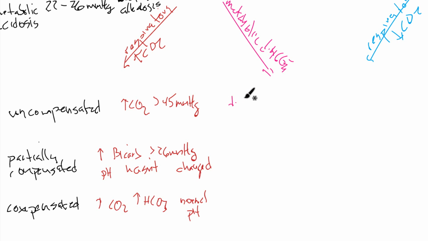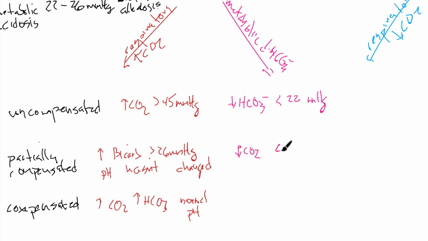Over here, it's going to be uncompensated if we have, sorry if you can hear my dog, HCO3 below 22. Now what the body's going to do in this case is try and lower CO2. You're going to breathe fast and try and get rid of the CO2.